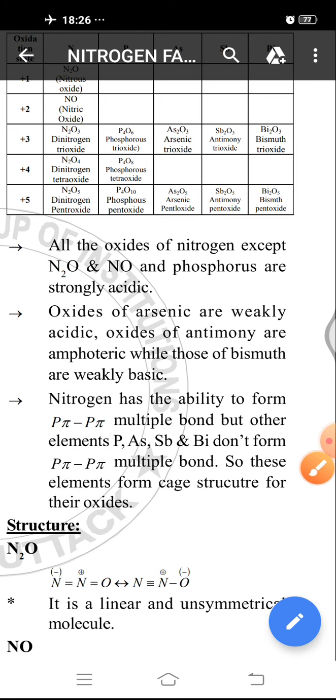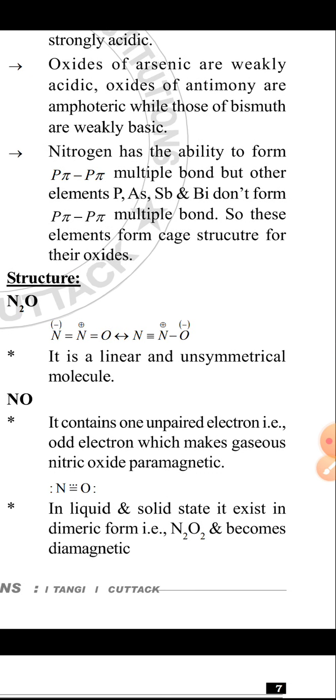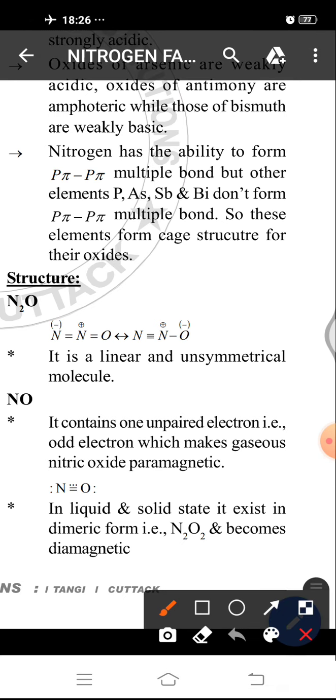Let us discuss the oxides of nitrogen. The first oxide is N2O, nitrous oxide, having oxidation state +1.